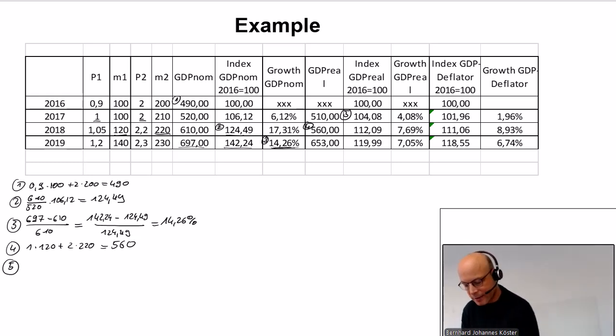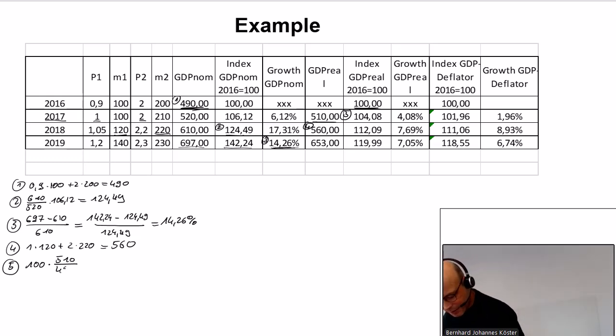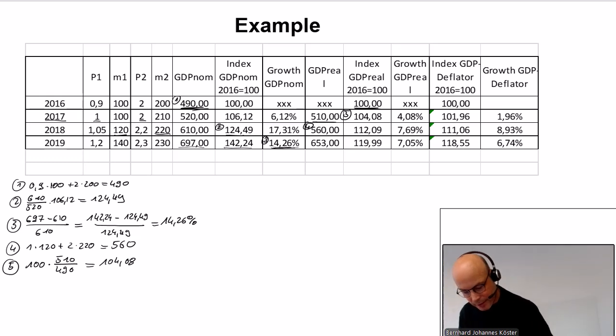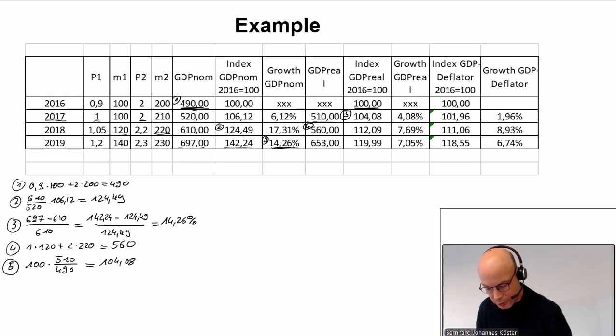So the index of the period 2017 is equal to the index of the former year, this 100, times real GDP of the year itself, 510, divided by the nominal GDP of the former year, 490. Yeah, which growth rate?